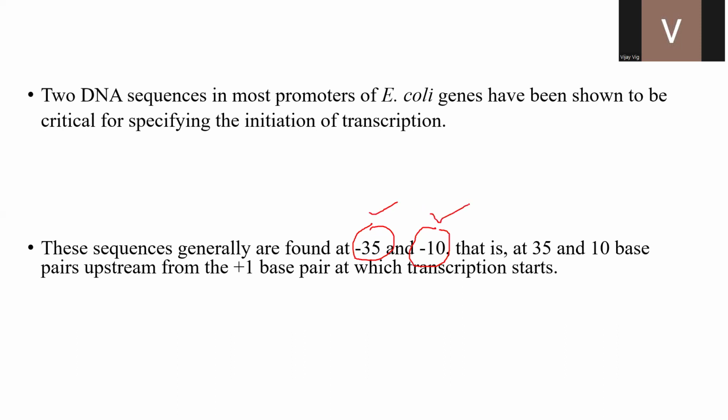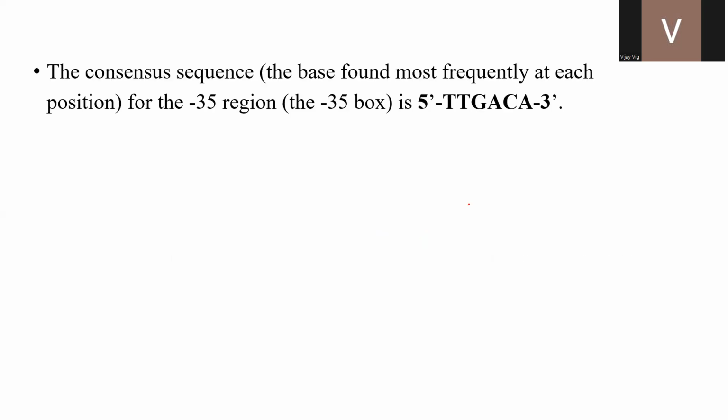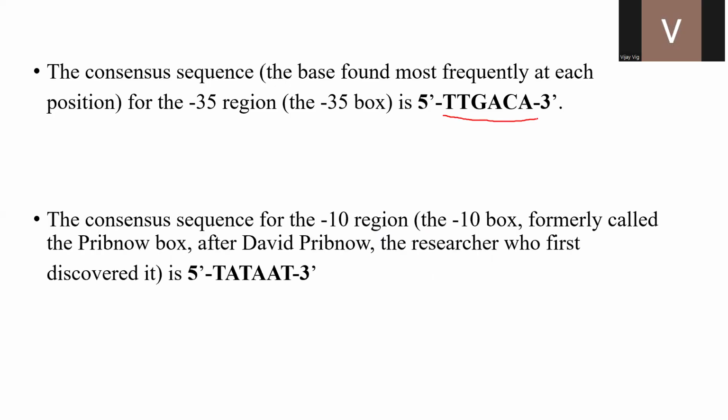These sequences, which are found at -35 and -10, are critical for specifying the initiation of transcription. The consensus sequence for the -35 region is TTGACA, also called 5' to 3' TTGACA. And the consensus sequence for the -10 region, also called the -10 box, formerly called the Pribnow box after David Pribnow, the researcher who discovered it, is TATAAT.